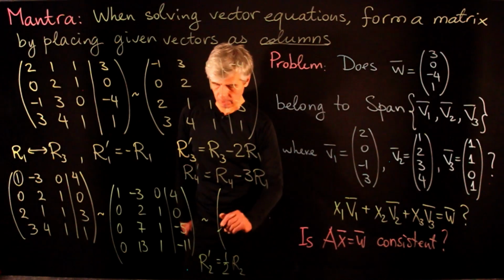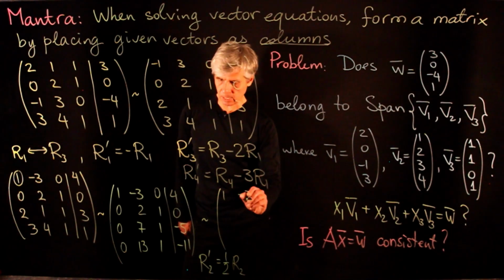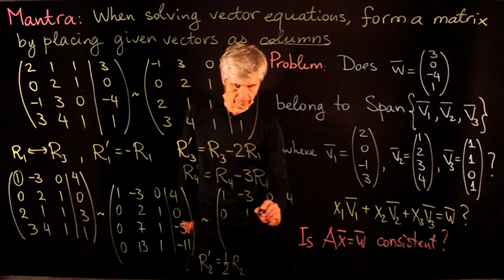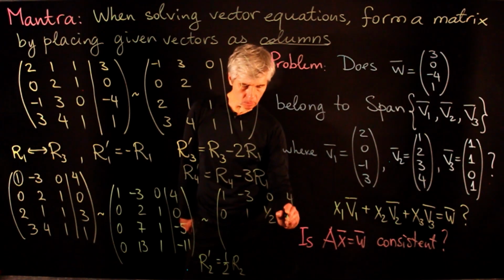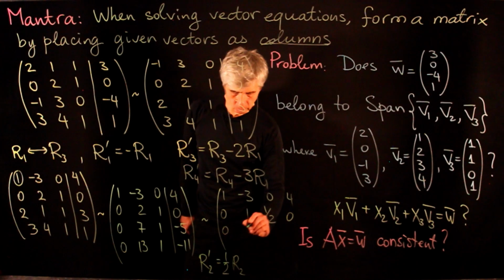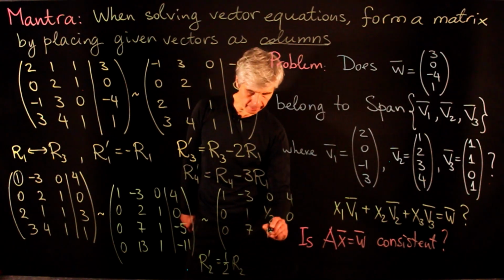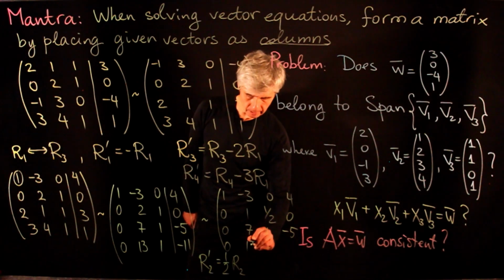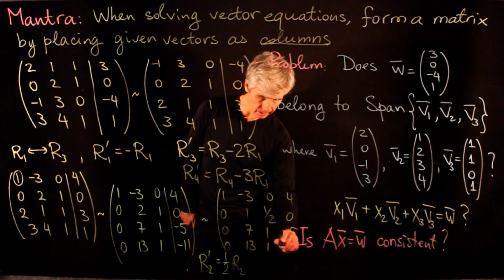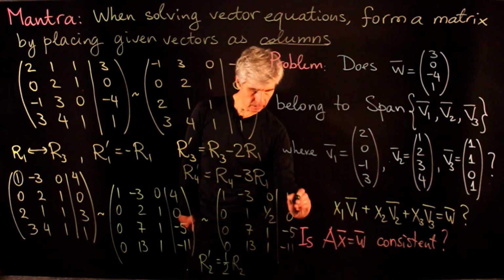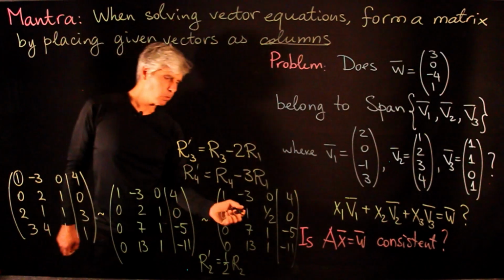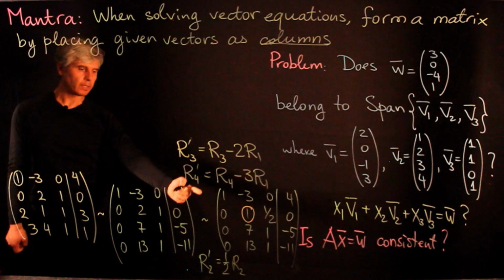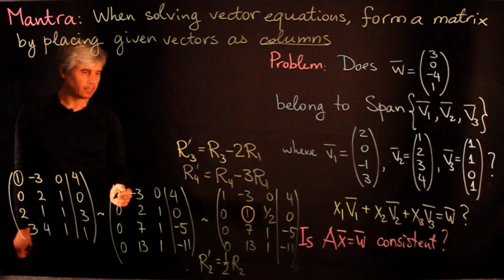And we get the matrix 1, -3, 0, 4, 0, 1, 1/2, 0, 0, 7, 1, -5, and 0, 13, 1, -11. So here we've got our second pivot, and we eliminate entries underneath.